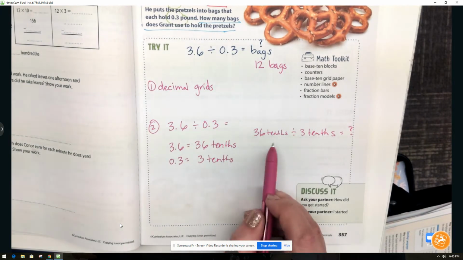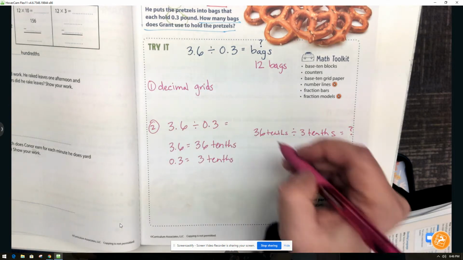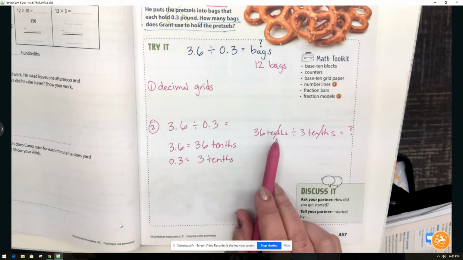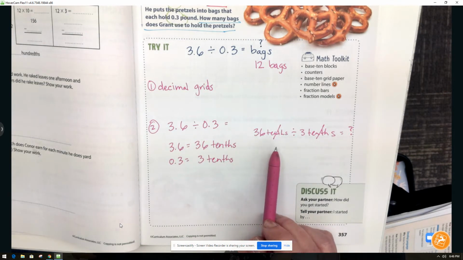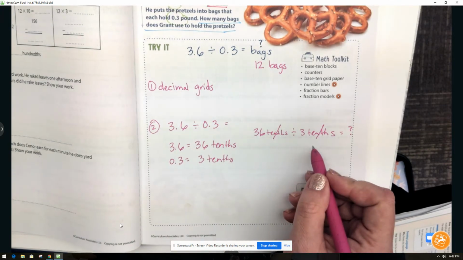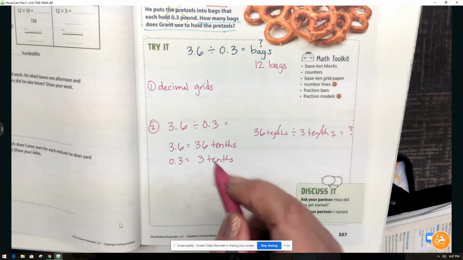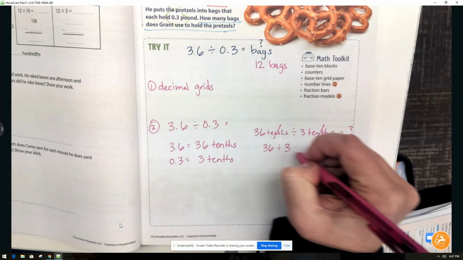Now, when you divide a tenth by a tenth, it's kind of weird, but what happens is this tenth and this tenth kind of cancel each other out, because you're dividing a tenth by a tenth, which basically means that you can cancel those out. That's what that means. So now I'm looking at what is 36 divided by 3.